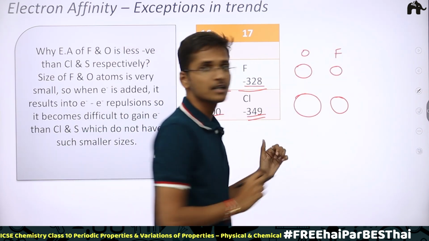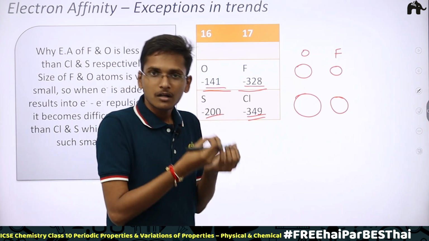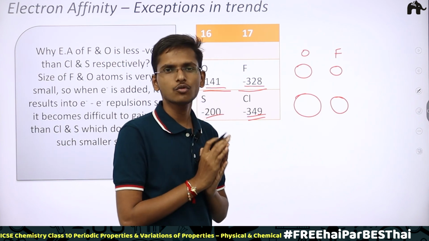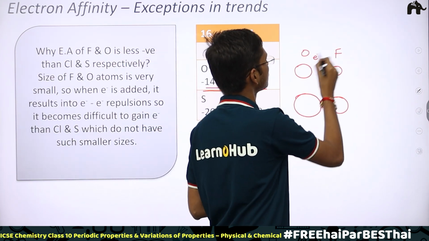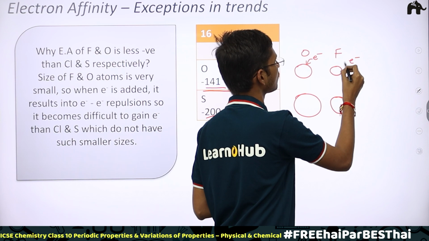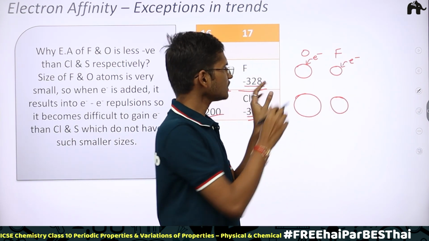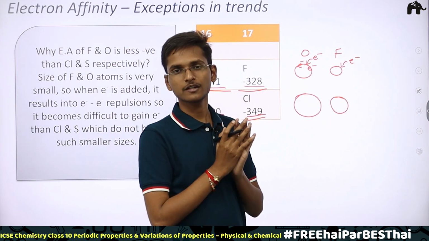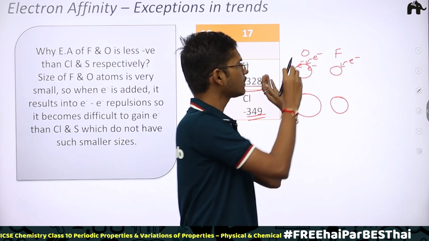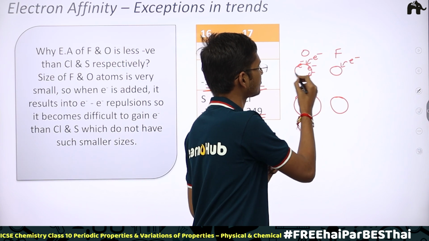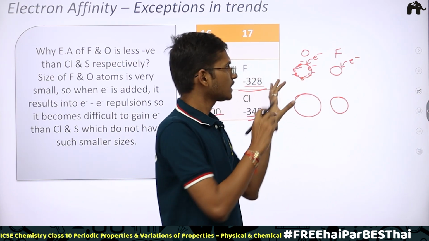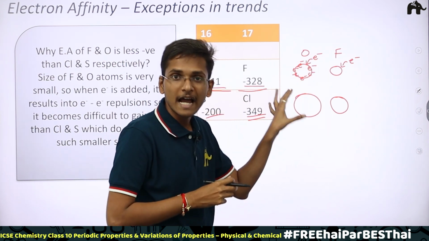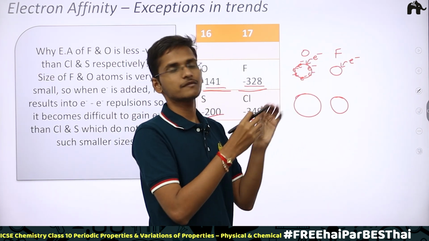So what is happening when an electron is gained by oxygen or fluorine? There seems to be some electron repulsion because of their small size. Already, because of the small size, the electrons are present in the outermost shell, and when a new electron is getting added, it feels repulsion from the other electrons.